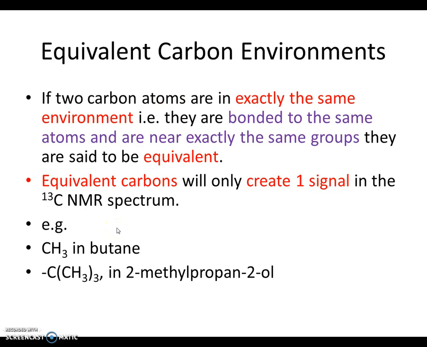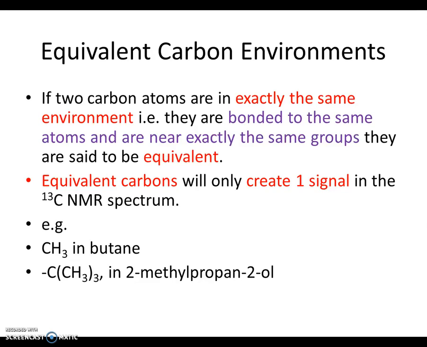Okay. Just a brief mention about carbon. If you have two carbon atoms which are in exactly the same environment, that is to say, they are bonded to the same atoms and are near exactly the same groups, they are said to be equivalent. Equivalent carbons will create only one signal in the carbon 13 NMR spectrum.